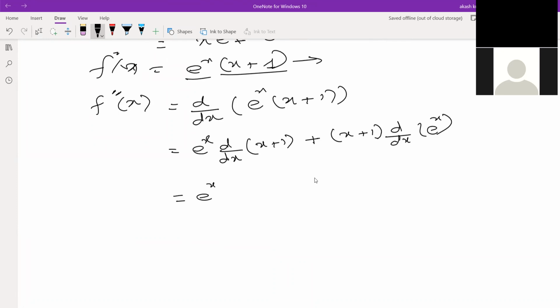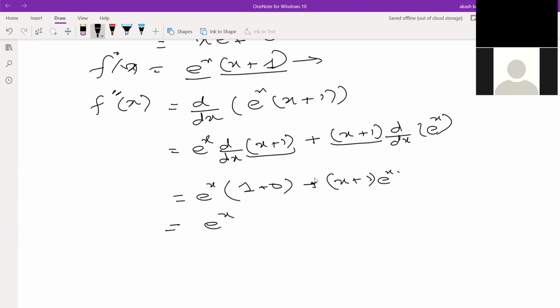Okay, and then how do I derive x plus 1? We have to take the derivative. Both the functions are added, so we have to take the derivative individually. So it will be 1 and then 0. There is a plus sign of the formula, and then the same x plus 1. And then the derivative of e^x will be the same as e^x.